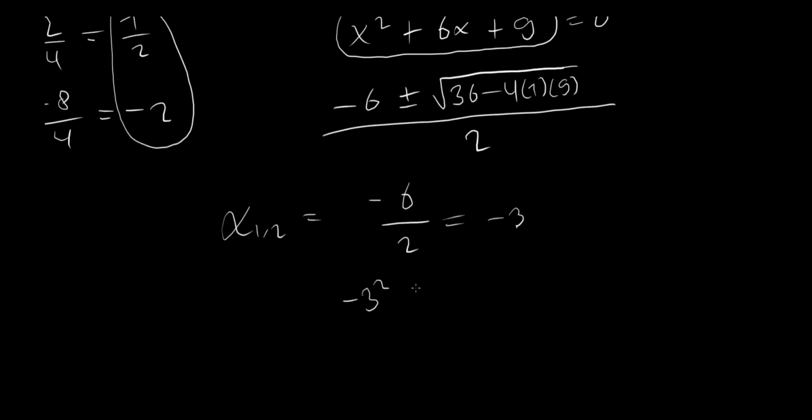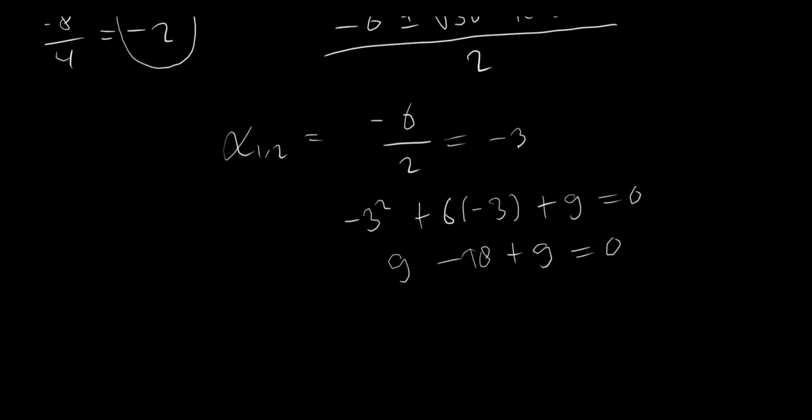Negative 3 squared, plus 6 times negative 3, plus 9 equals 0. Let's see. Negative 3 squared is 9. 6 times negative 3 is negative 18. Plus 9. 9 plus 9 is 18. 18 minus 18 is 0. So we see that this will actually result in 0.